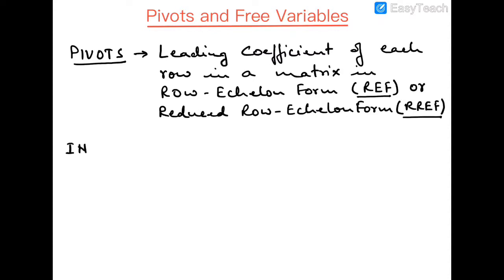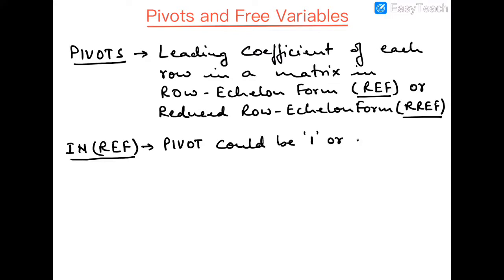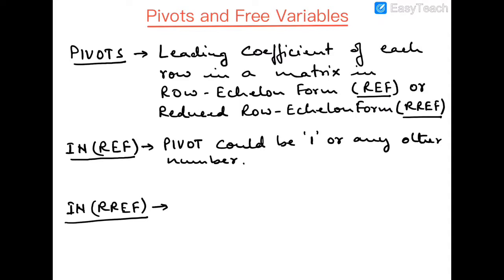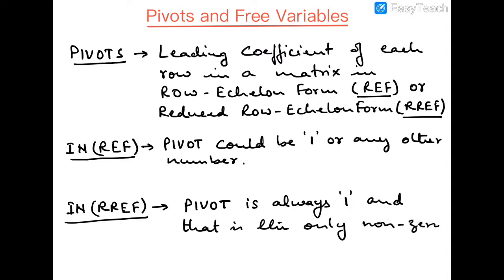So in row echelon form, pivot could be 1 or any other number. Whereas in RREF, pivot is always 1 and each pivot is the only non-zero entry in its column.